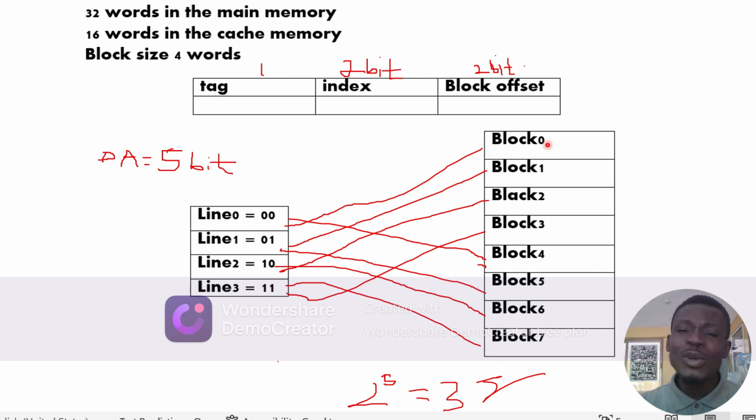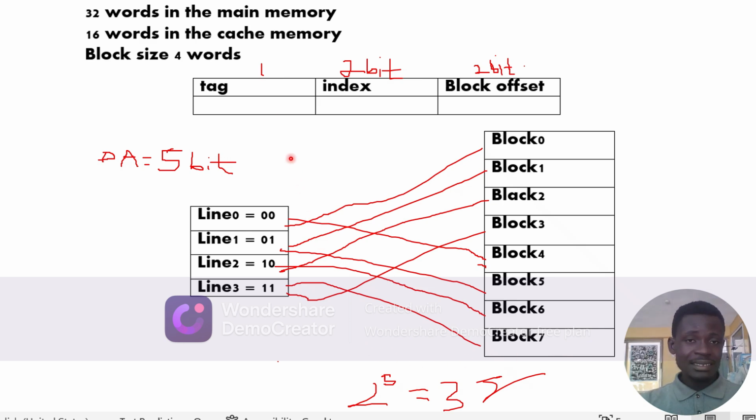And we are saying each block contains 4 words. So 0, 1, 2, 3 are inside this block, 4, 5, 6, 7 are inside this block, 8, 9, 10, 11 are inside this block. That is how it goes up to 31.